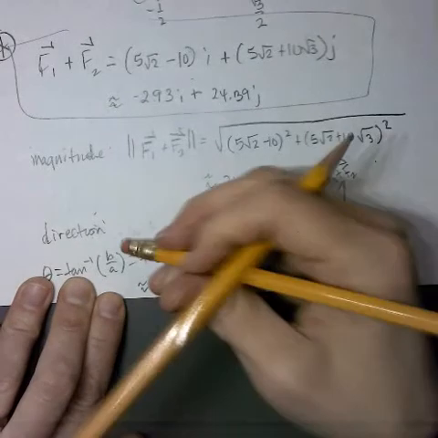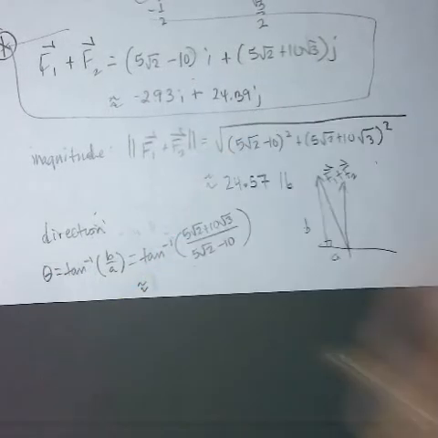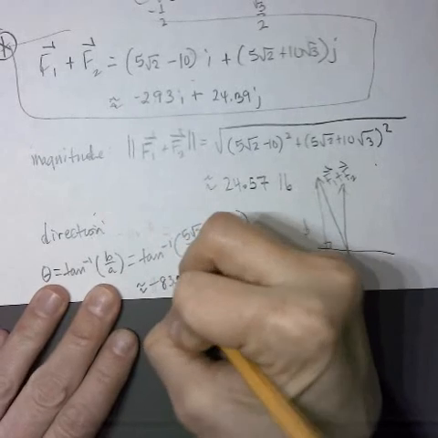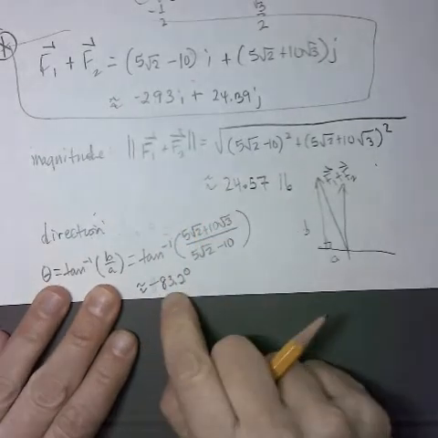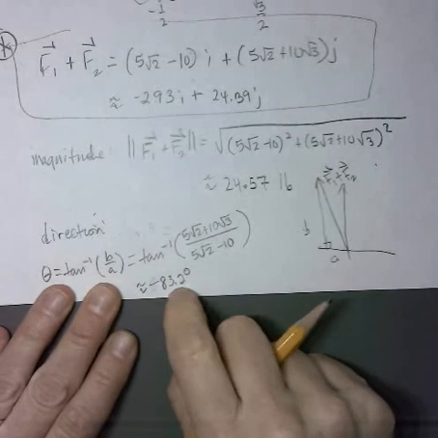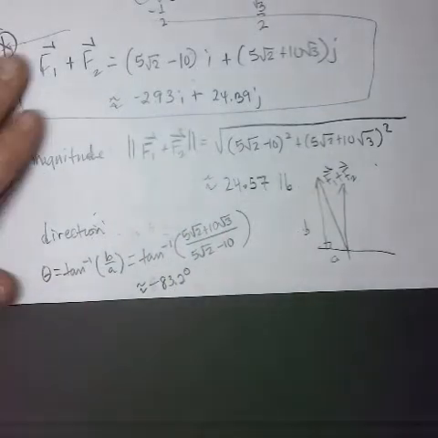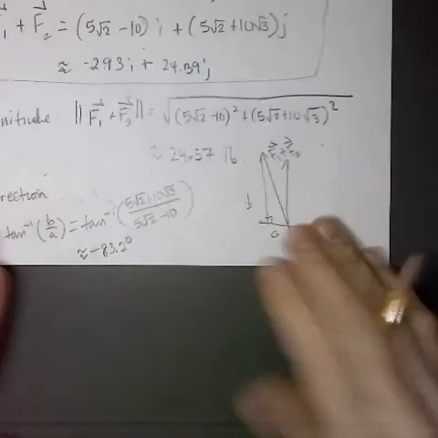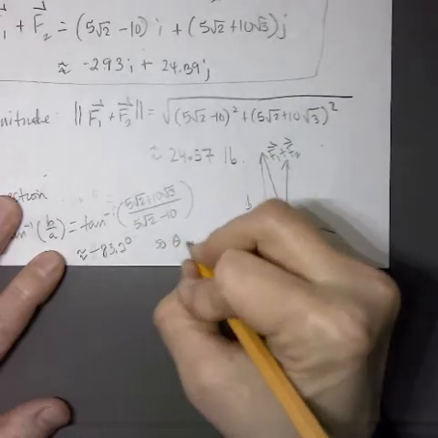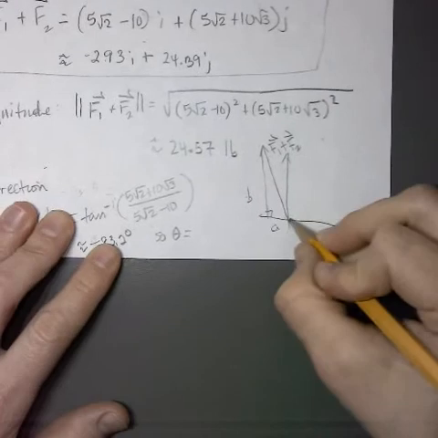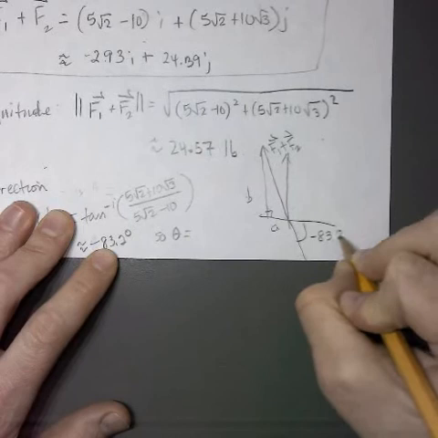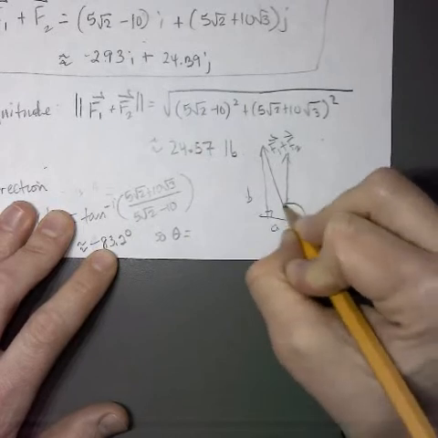So here's where it's tricky, because you can't just use this. That's not the true direction. In fact, I shouldn't even call it theta. Because this angle is down here, this is negative 83.2 degrees, so we're going to have to add 180 degrees.